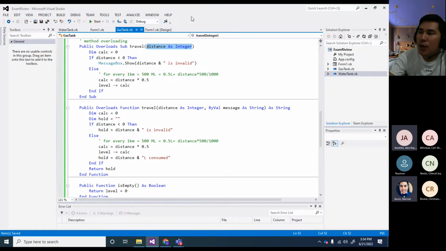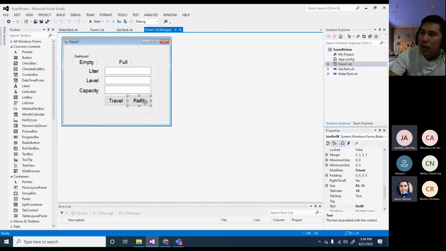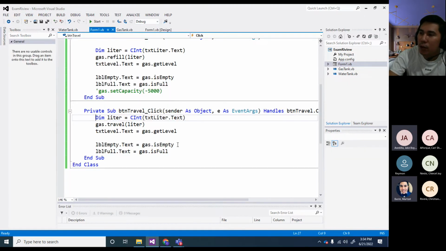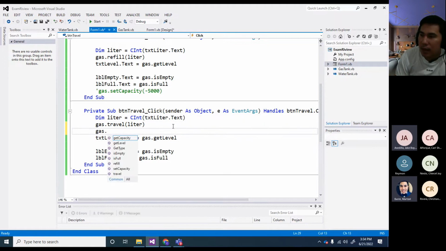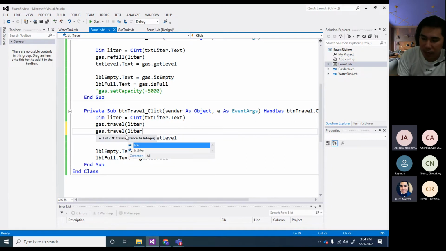That means when I call travel in the form, I can call two different methods. The travel, let's say I have liters, and then I put a message, hello there.